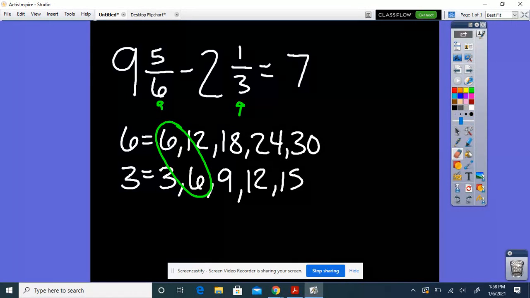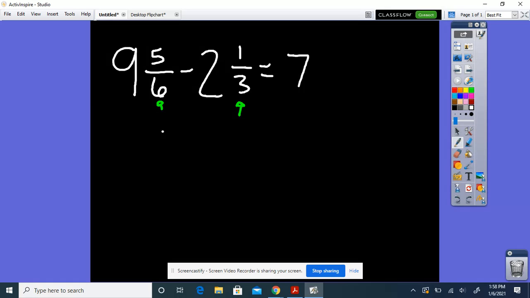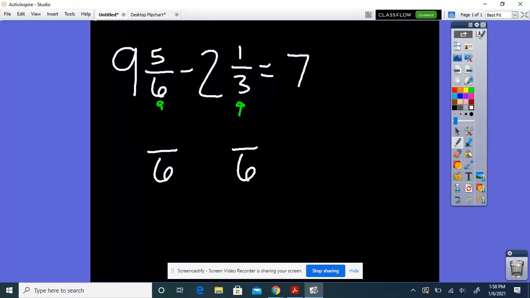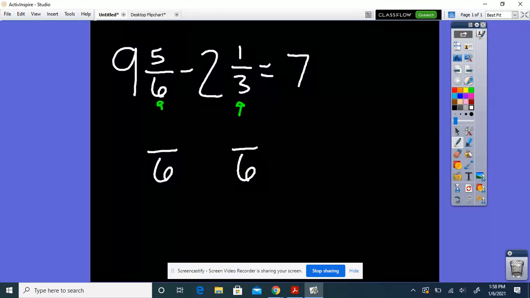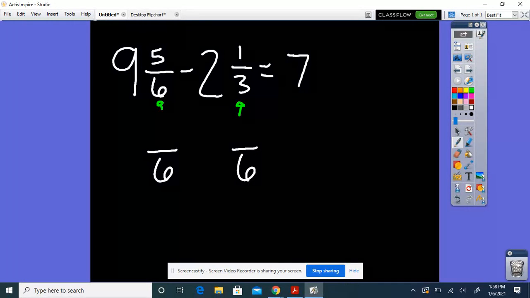Keep in mind that our LCM is 6, because I'm going to erase this. So my LCM is 6 here and 6 there. Looking at our 5/6 and our denominator of 6, what do we need to multiply by 6 to get 6?